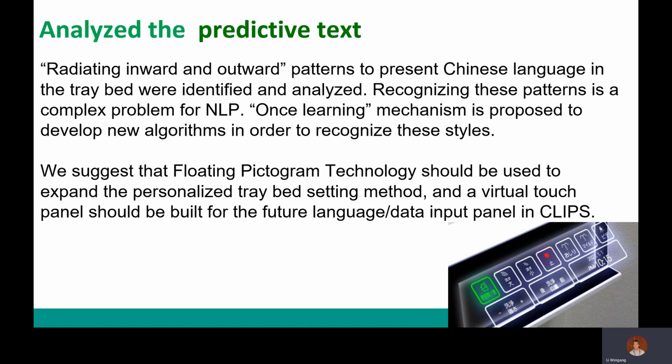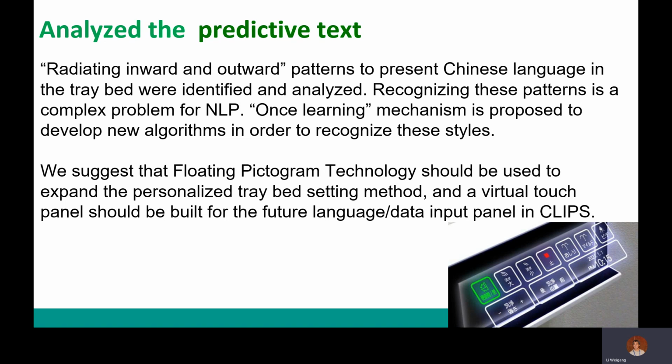Radiation inward and outward patterns present the Chinese language in analyzing. Recognizing these patterns is a complex problem for natural language processing. A learning mechanism is proposed to develop new algorithms in order to recognize this step.